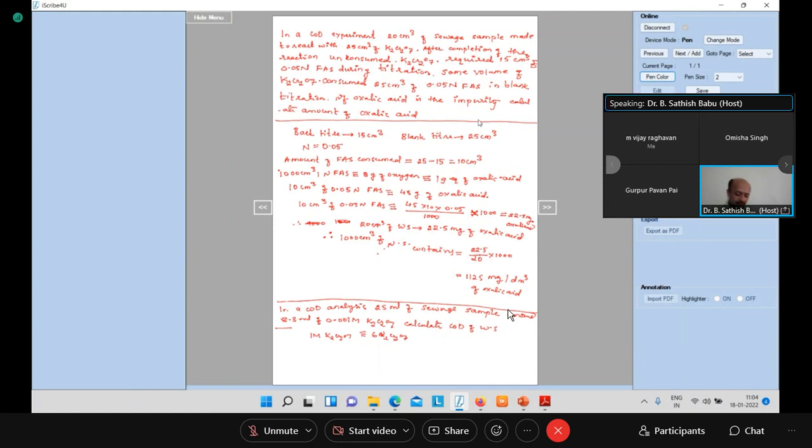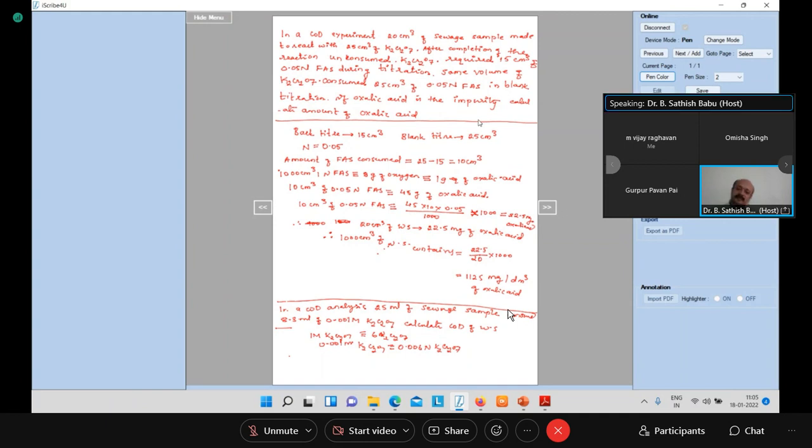Therefore, 0.001 molar K2Cr2O7 will be equivalent to how much? 0.006 normal K2Cr2O7. Okay. So with this, you can calculate the COD. So now what step are you following? What is the next step?